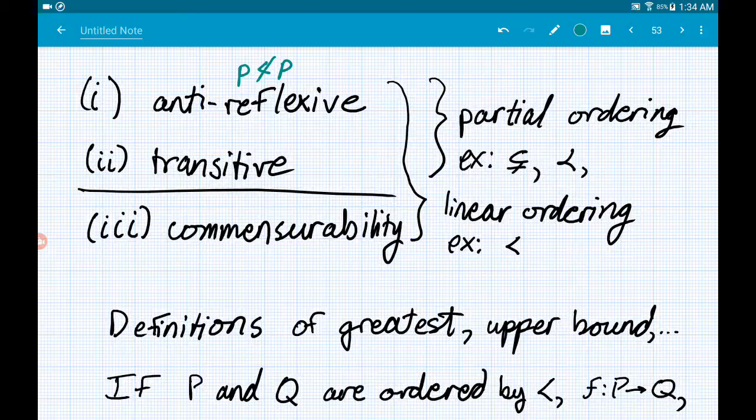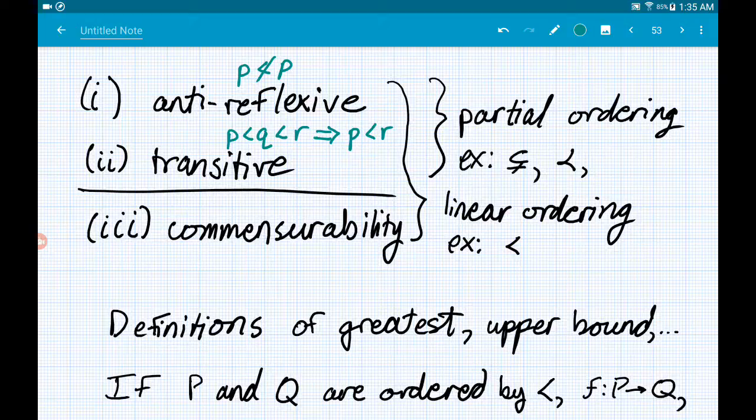That's anti-reflexivity. Transitivity is that if P less than Q less than R, then P less than R. These are two pretty primitive things that we want from a strict less than sort of symbol.